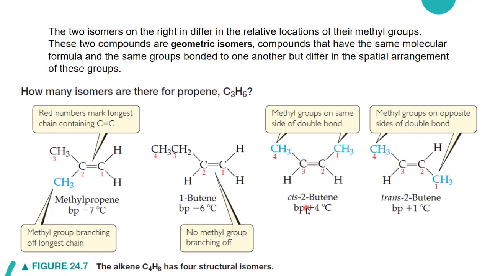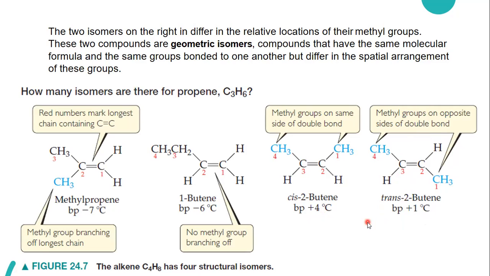That is why, even though they are both butene, they differ in the location of the methyl group that is attached to your butene. Therefore, it has a different chemical composition and thus a different boiling point.